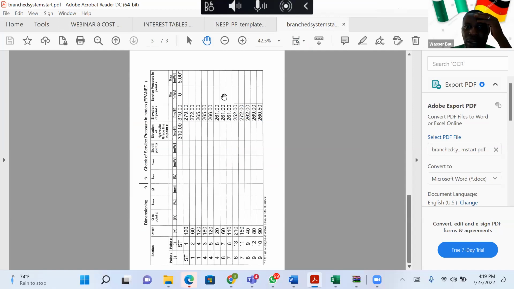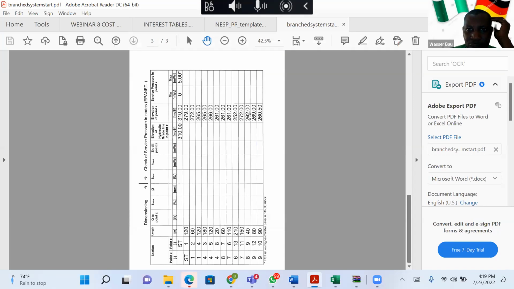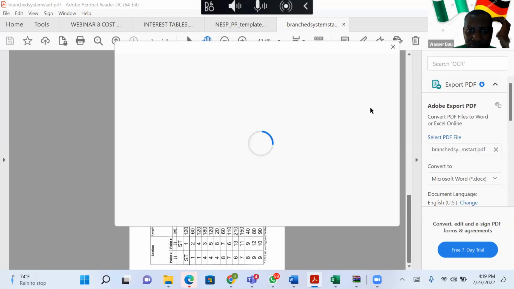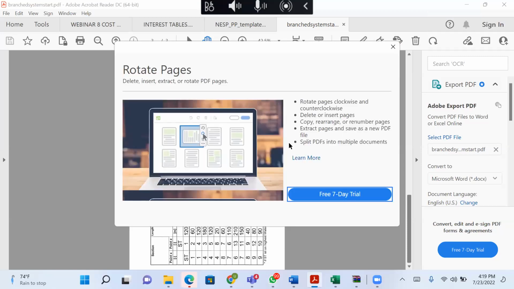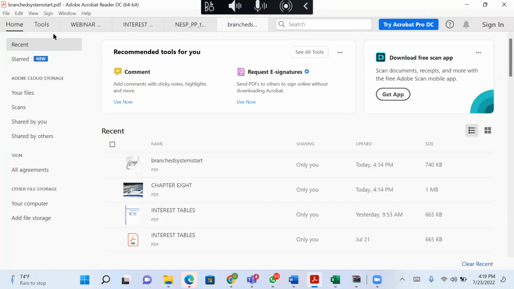I'm trying to rotate it. This is not the typical PDF, I know. Okay, this is it. I want to rotate this page. I don't know what it's telling me. Sorry, just go to view. Click on the view. I might have to close and open with PDF. I'm just not ready for this. No, it's okay.